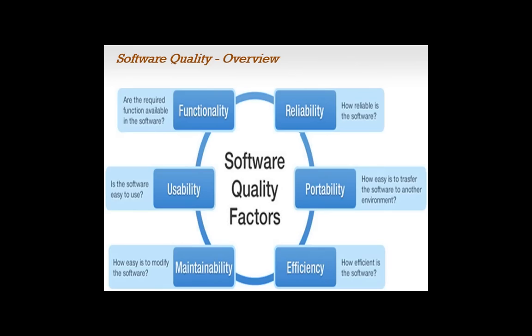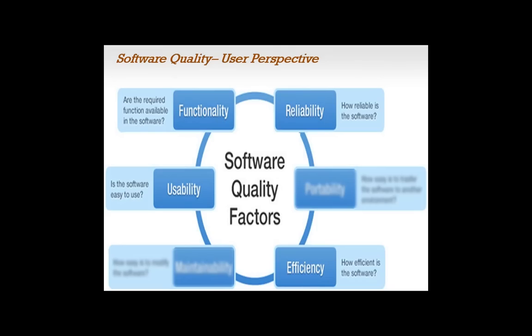So these are the 6 factors in software quality, and there are also 2 perspectives I would like to point you to. The first one is the user perspective. I blurred out the non-relevant topics for the user perspective. From the user point of view, functionality, reliability, usability, and efficiency are very important.